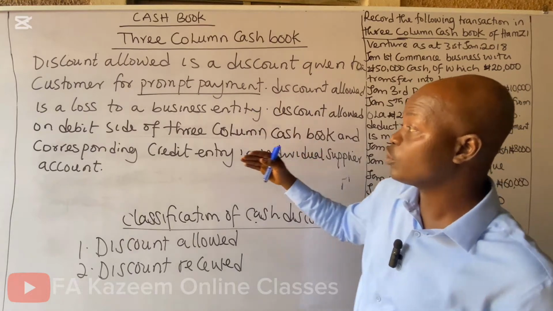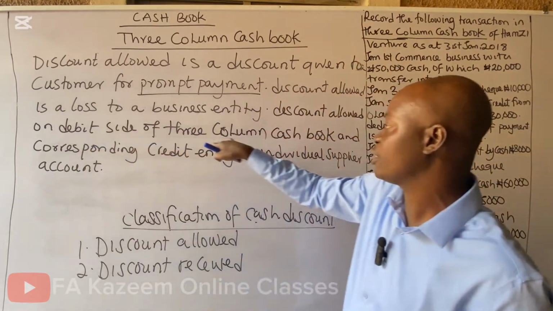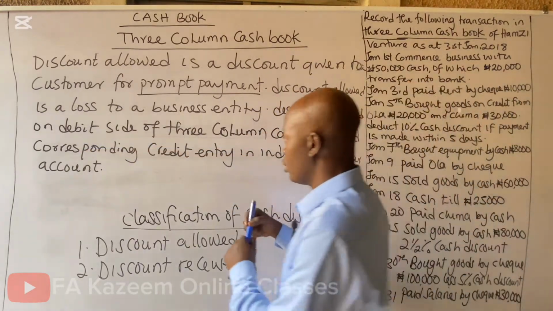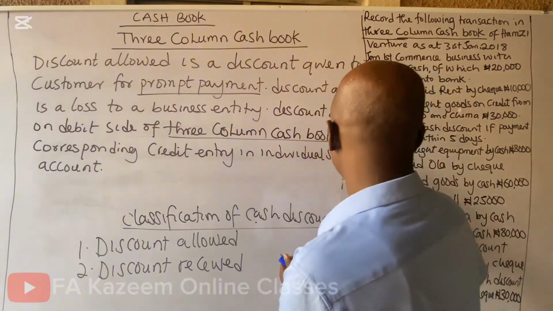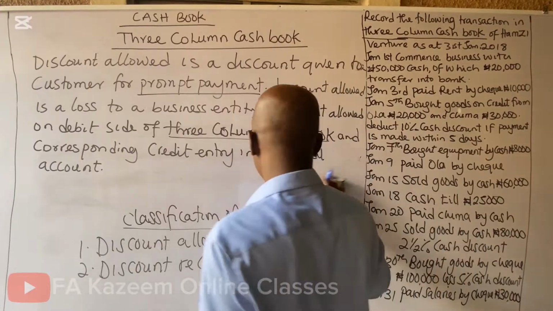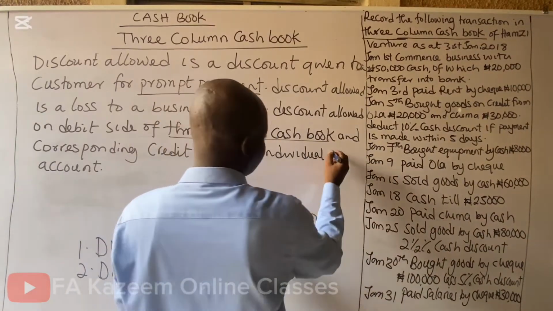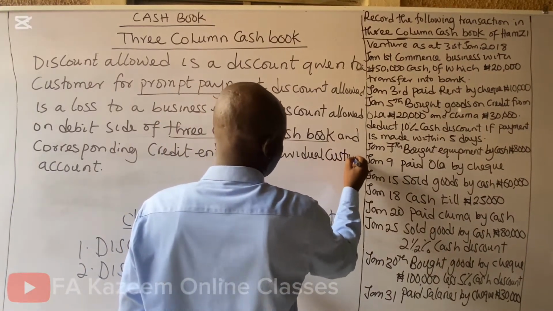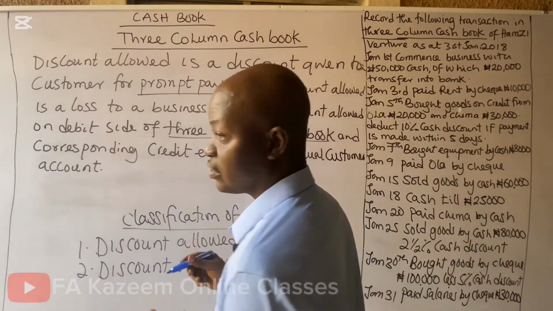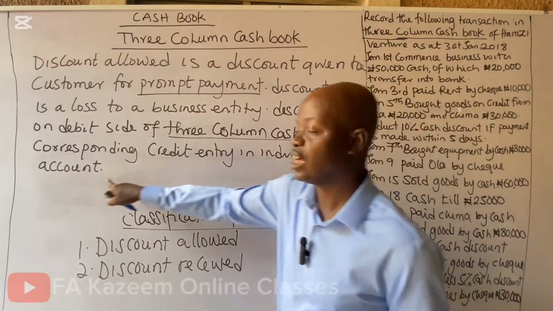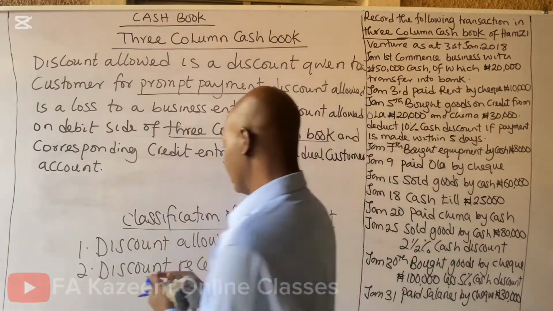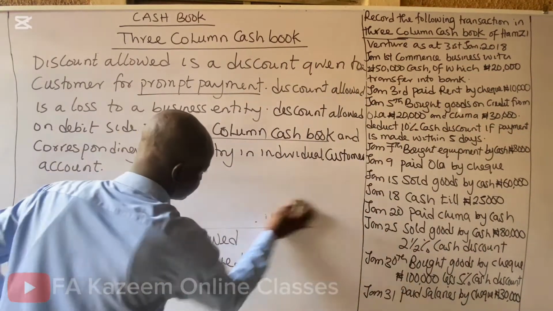And discount allowed is always on the debit side of three-column cash book. And the corresponding credit entry is in the individual customer's account. So individual customer's account. In that case, what is discount received?